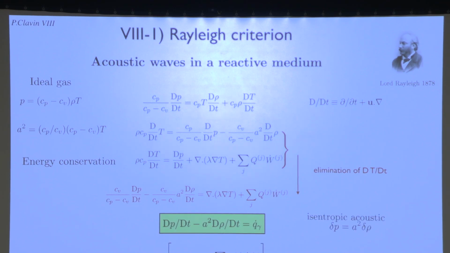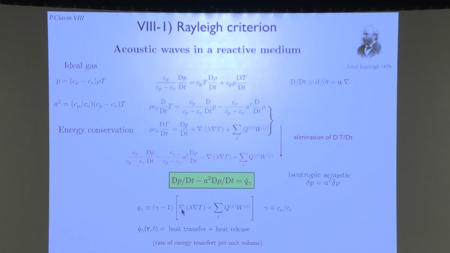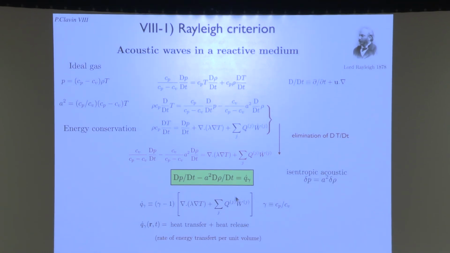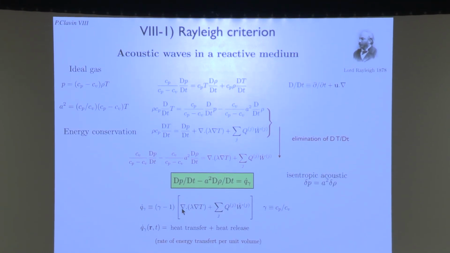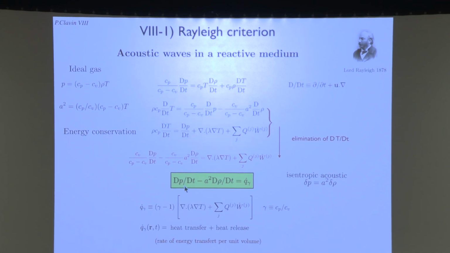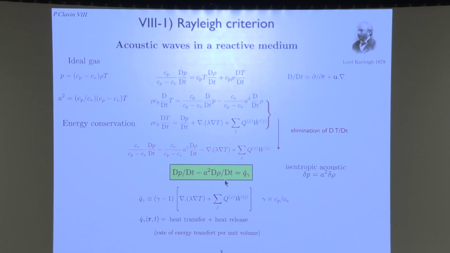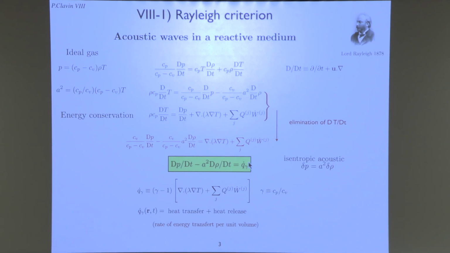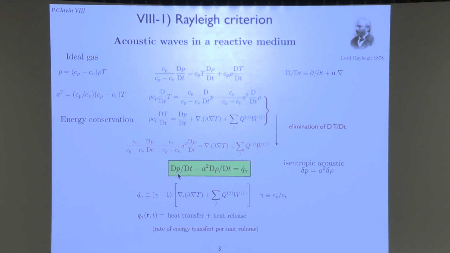So for a short notation, you call this quantity, which is associated with the transfer of energy, either coming from the chemical reaction, or, but I will not take into account this, coming from the fact that you have a thermal gradient, you end up with this simple equation that relates the pressure derivative with the density derivative, introducing the sound speed and the heat release, because the pressure is an energy per unit volume.